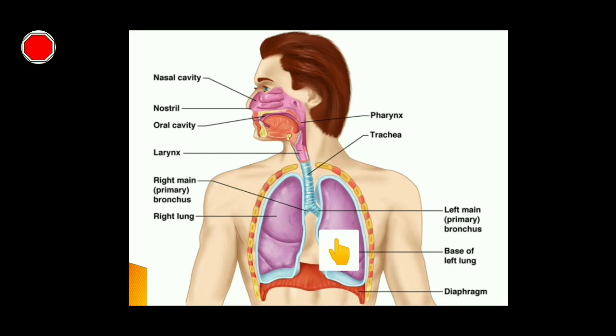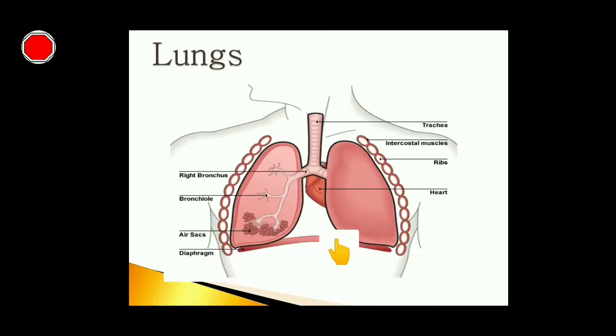This trachea further divides into bronchioles, and these bronchioles lead into small air sacs which we call alveoli.